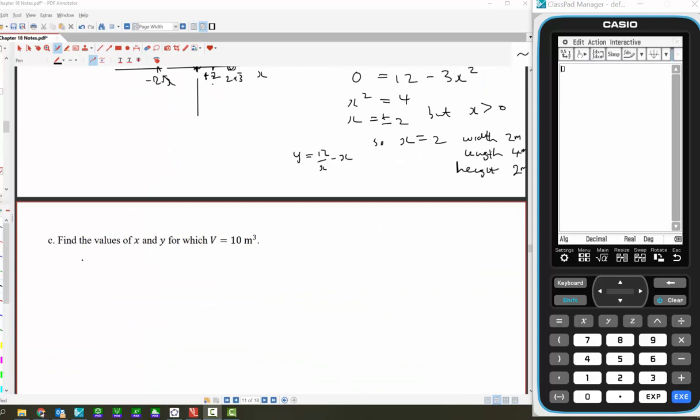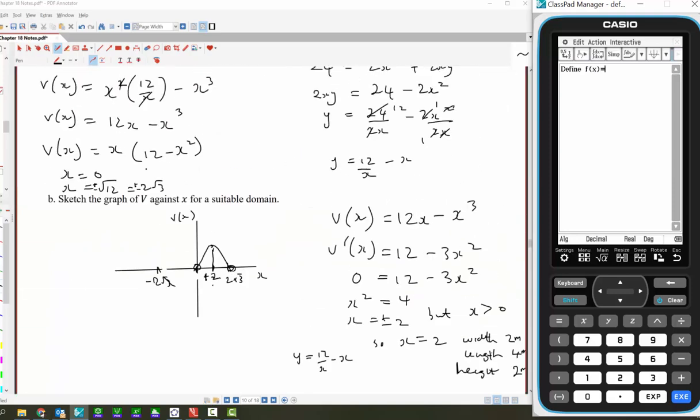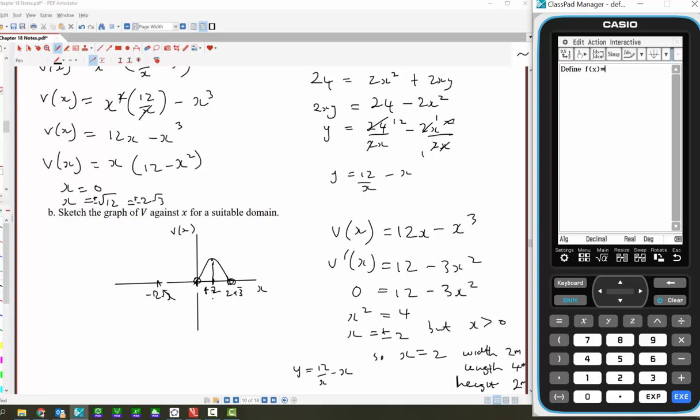Okay, so find the values of x and y for which the volume is 10. Right, so this one here, we've got this volume function v of x, and we want to find out when it's 10. So we want to find out the values of x and y that make this happen. So let's define our volume function, which, this is probably the best form to define it in, 12x take away x cubed.